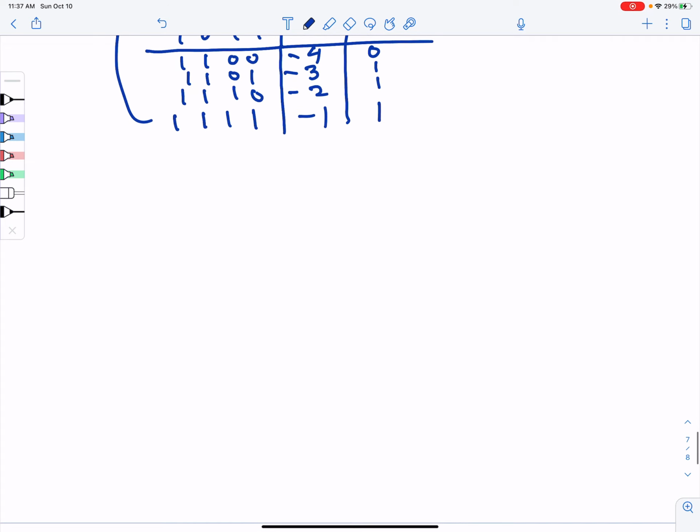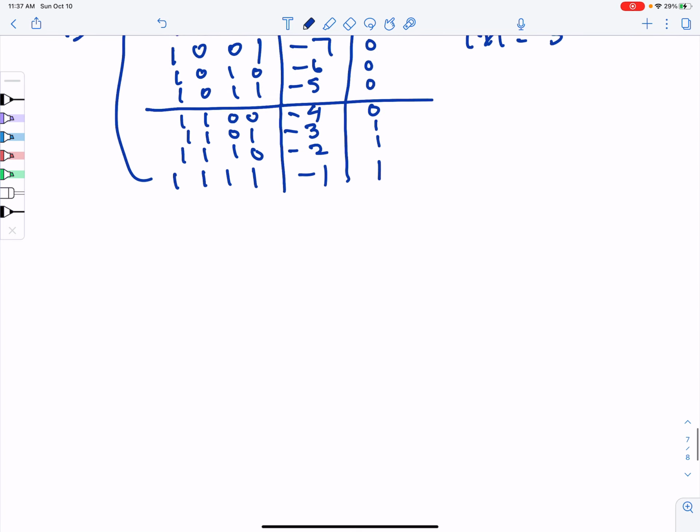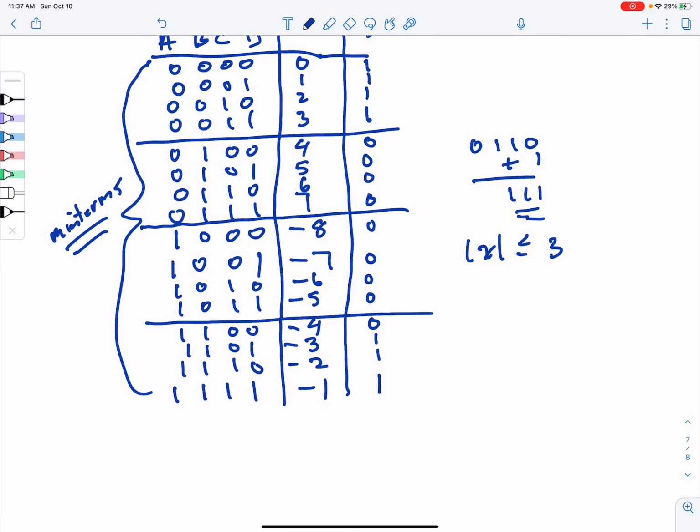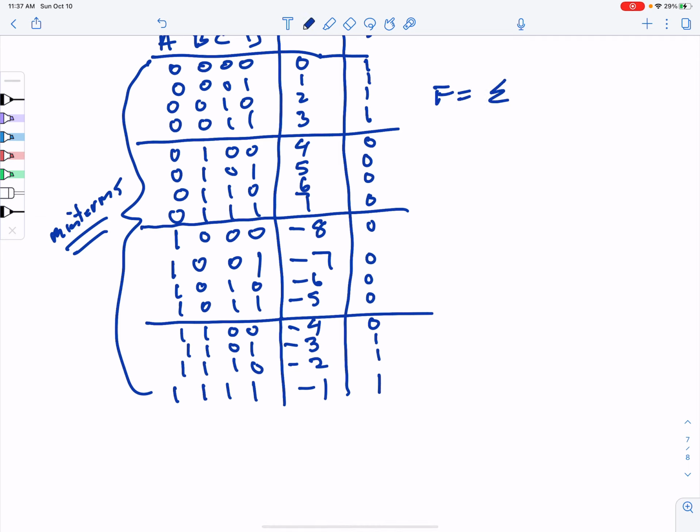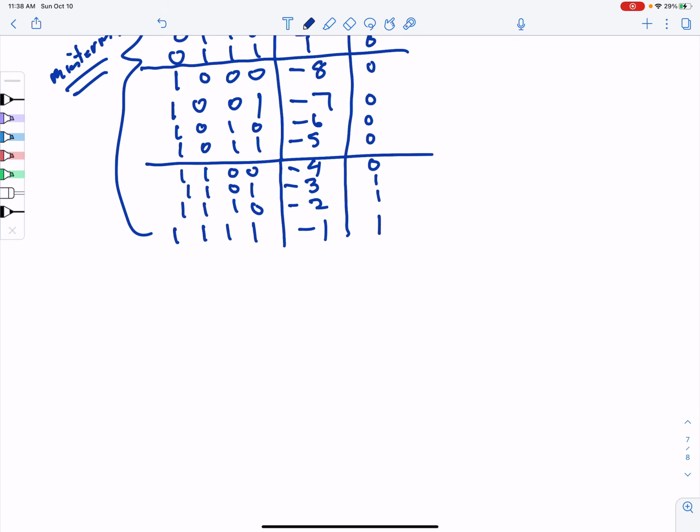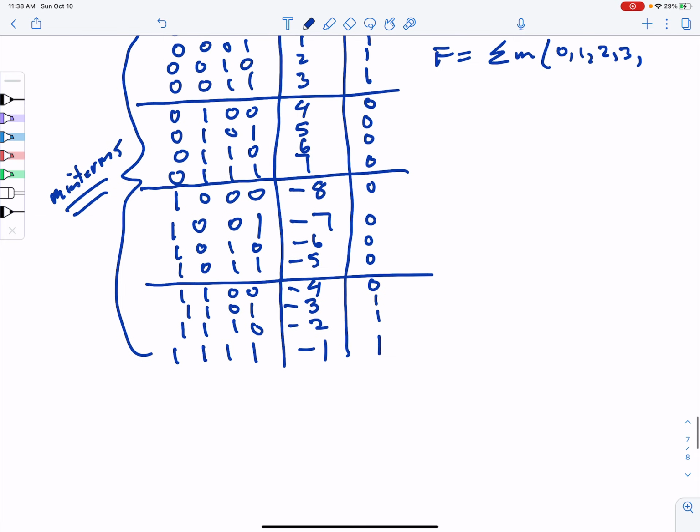Our problem reduces to the Boolean function f, which is the sum of minterms. We look at the list: 0, 1, 2, 3, and then 13, 14, and 15.